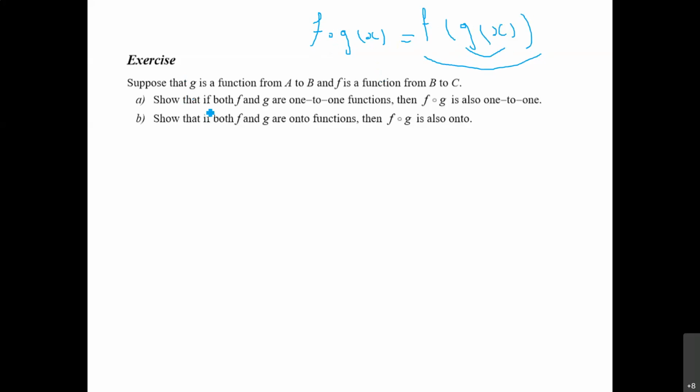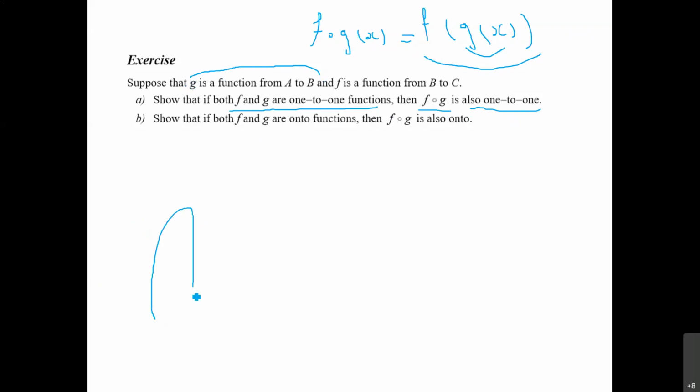So what's part A asking? Show that if both f and g are one-to-one functions, then f round g is also one-to-one. Okay, but what is g? It's a function from A to B. So let's draw that.